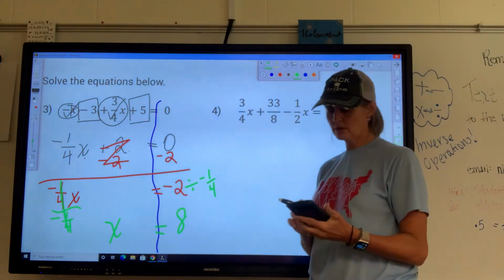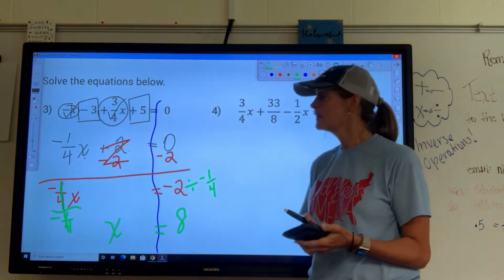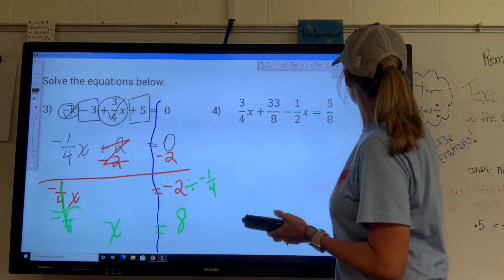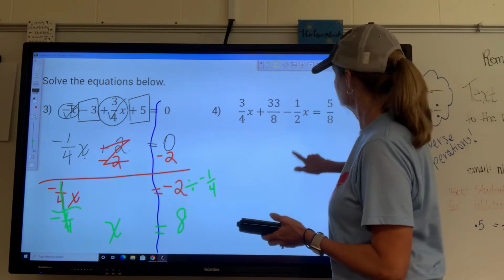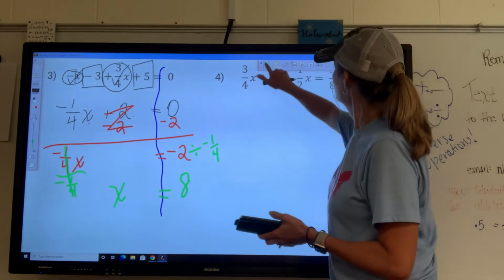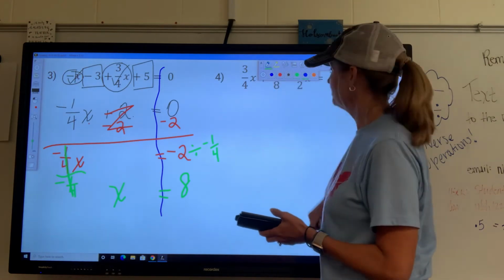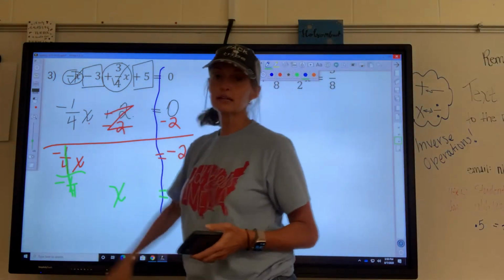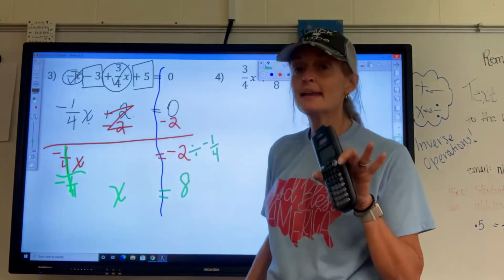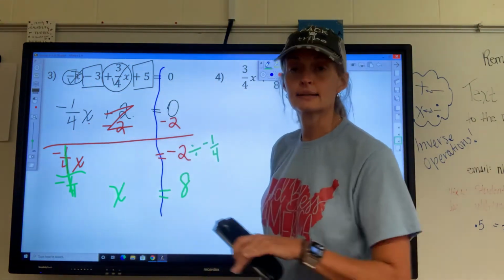8. Well, are we so sure that that answer is 8? How can we be so sure? Well, what we're going to do is we're going to plug it back in. And every time we see an x, we are going to plug in an 8. Now, that first term that we're going to plug into is negative x.